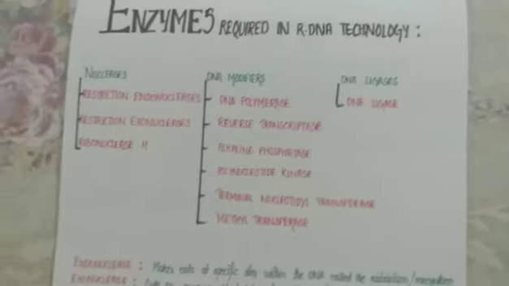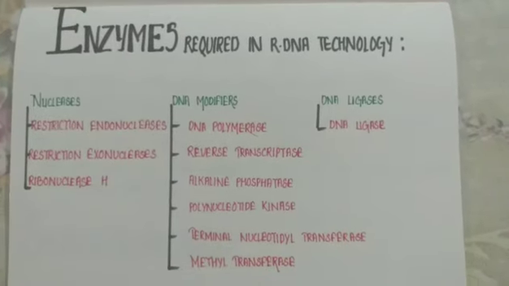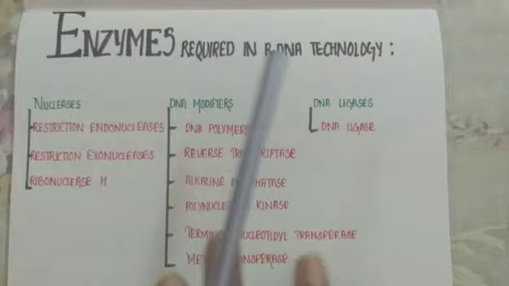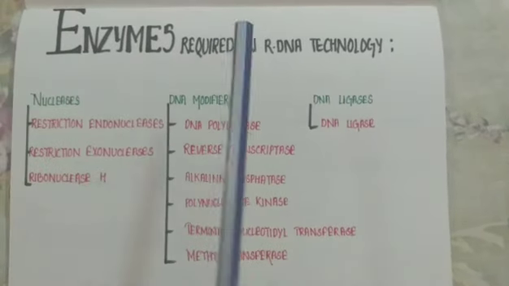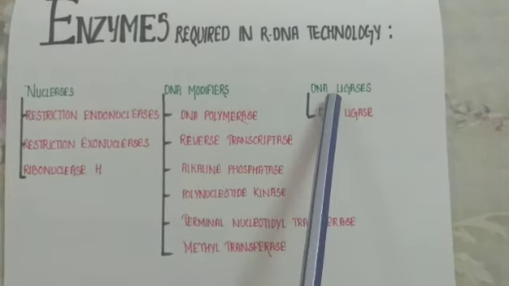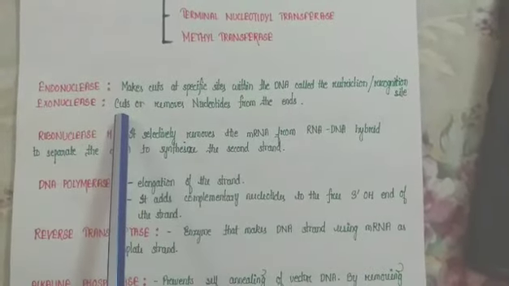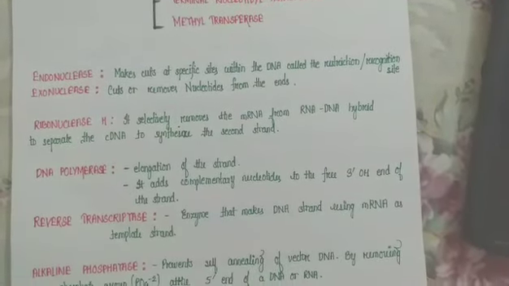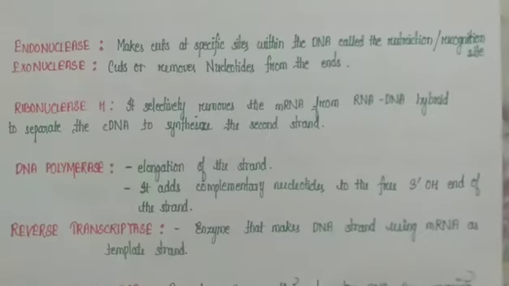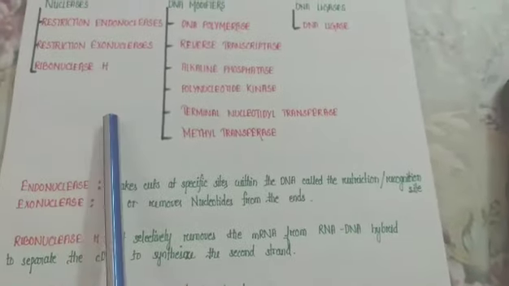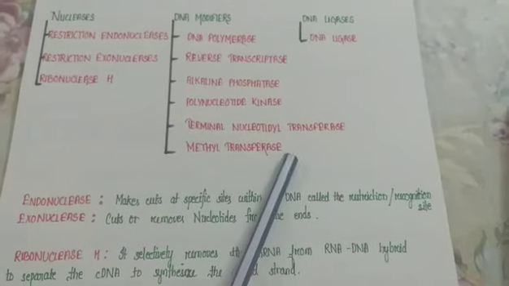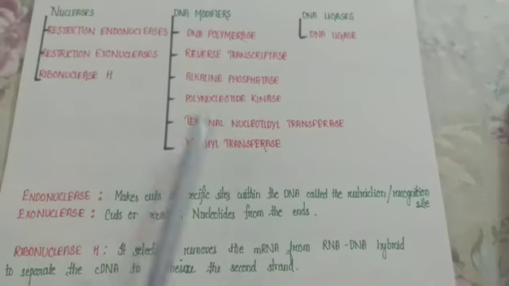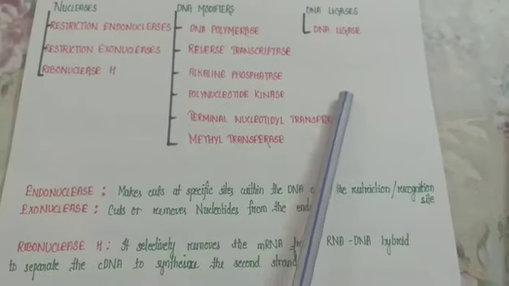The enzymes that we require in recombinant DNA technology are broadly classified into three forms: nucleases, DNA modifiers, and DNA ligases.